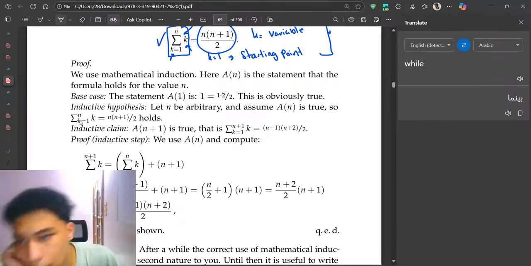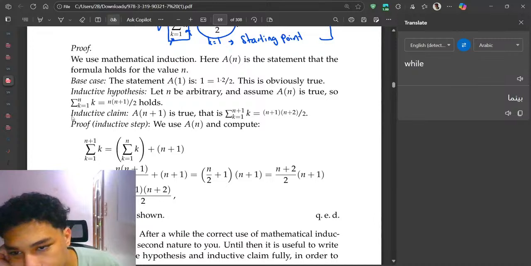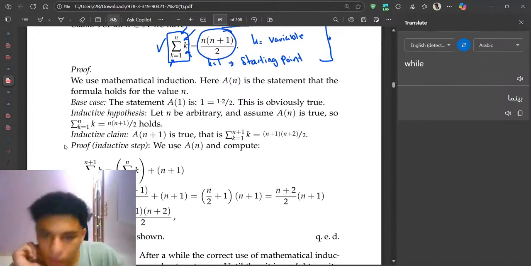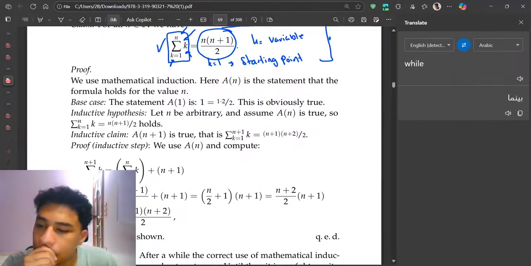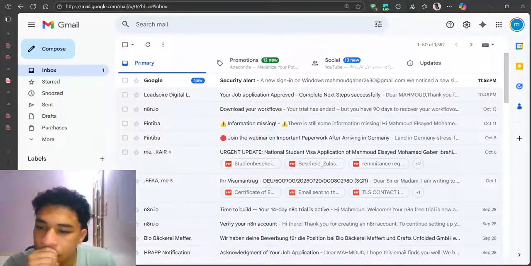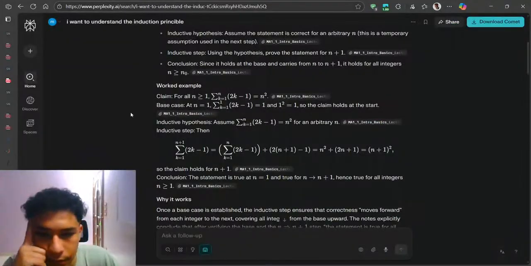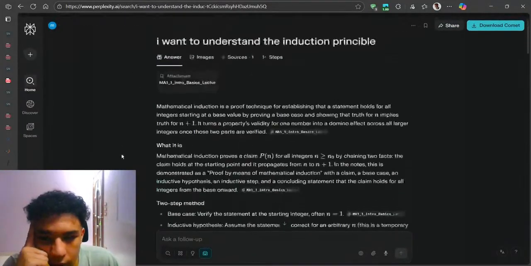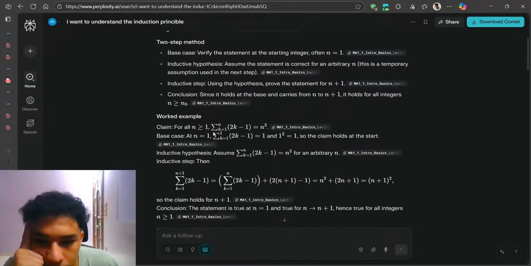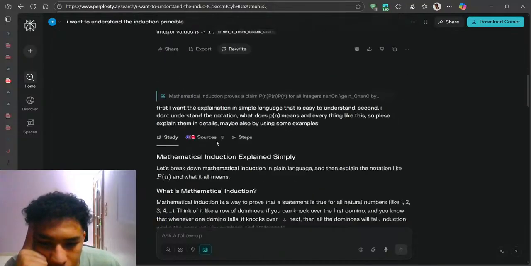So basically here, so okay. Oh my god, email. Oh, it's a security alert. No problem. So let me check this again. So here, claim for all n. What the heck is this, gang?